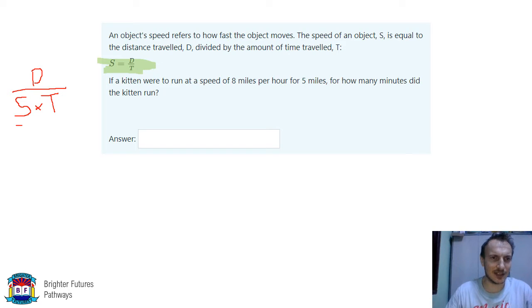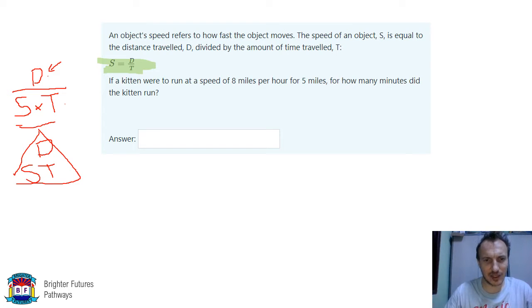Speed is equal to distance over time. Distance is equal to the speed times the time. So if we write it as that triangle, distance, speed, time, then we can remember that we can cover any of those and the formula still works for the 2 variables that are left.